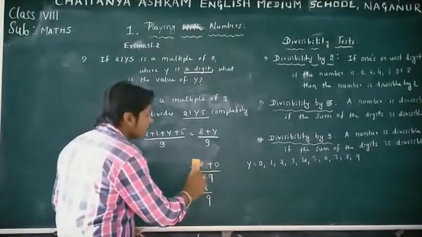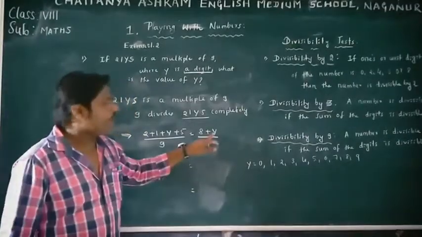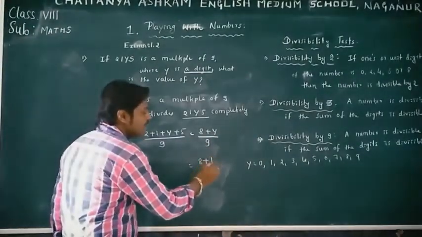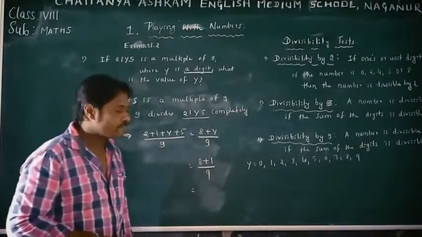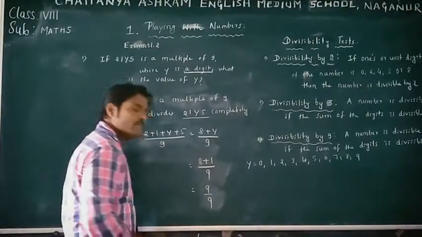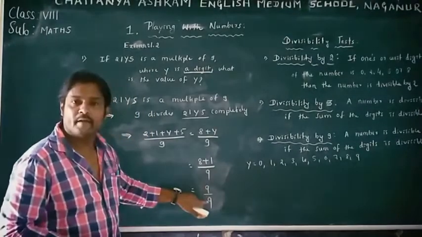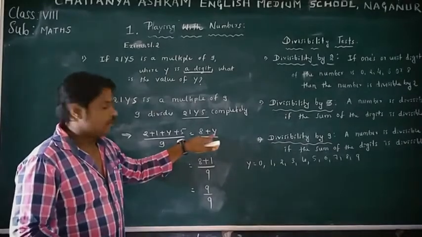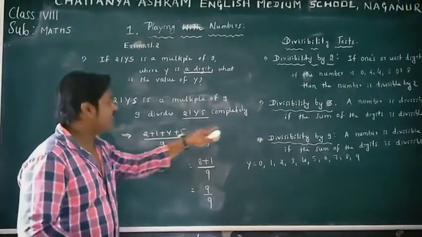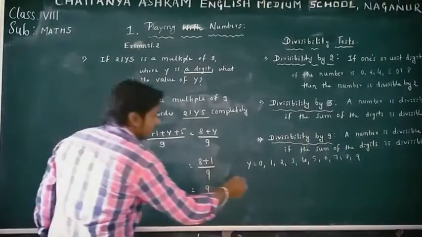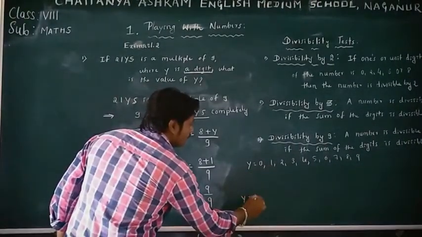Take one more value, y equal to 1. 8 plus 1 is 9, and 9 divides 9. So one possible value of y which makes this number divisible by 9 is y equal to 1.